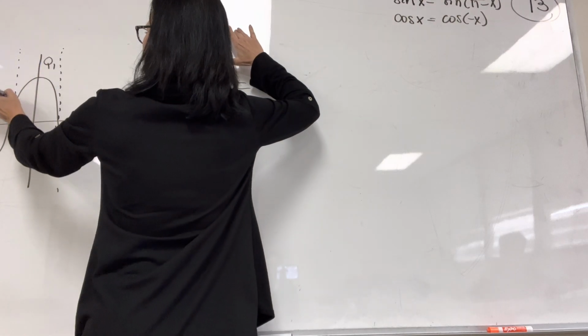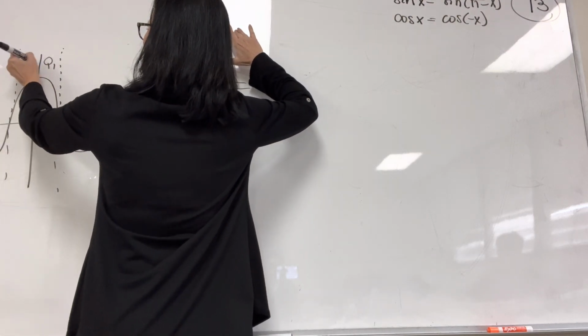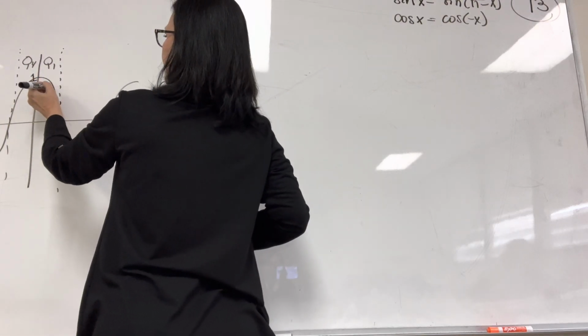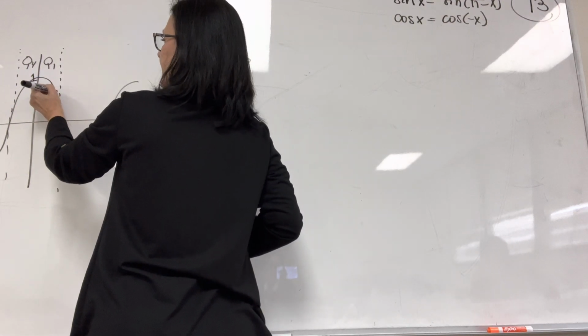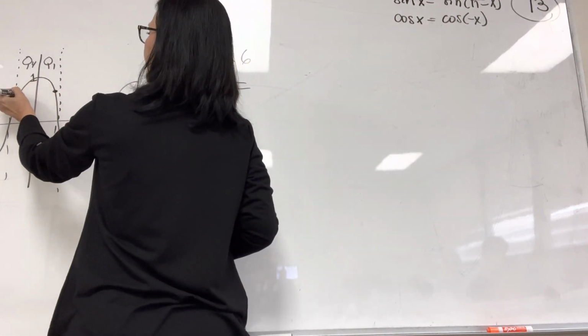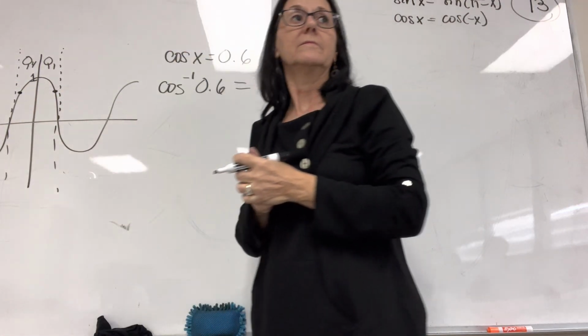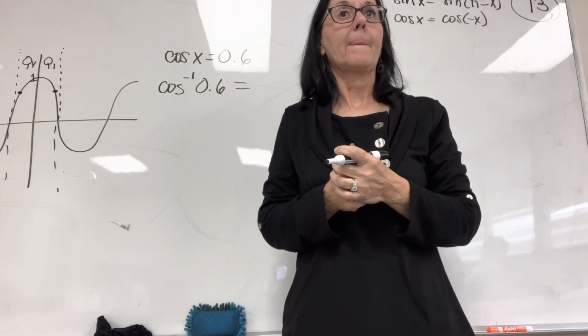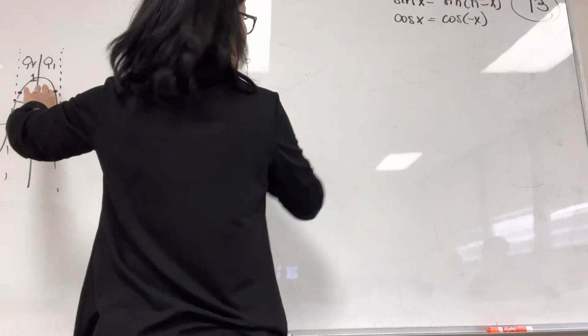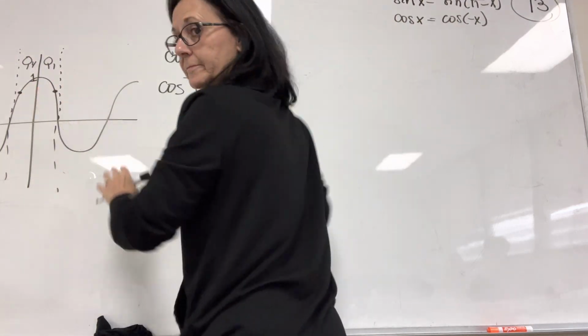What is this? Quadrant 4. So 0.6, this is 1, right? 0.6 is here, but 0.6 is also here. Such that if I go forward, that's this concept right here.